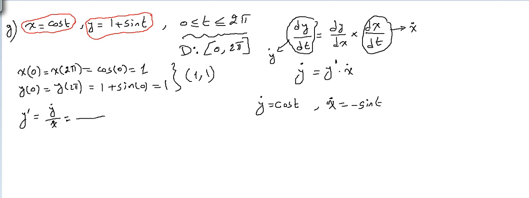So this will be equal to cosine t over minus sine t. The answer is minus cosine divided by sine, which is cotangent t, right? Now, let's study the sign of this derivative, y prime, which is equal to negative cotangent t.